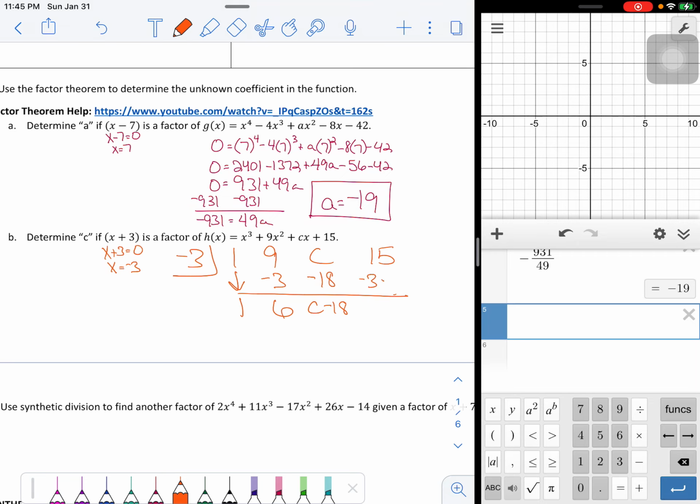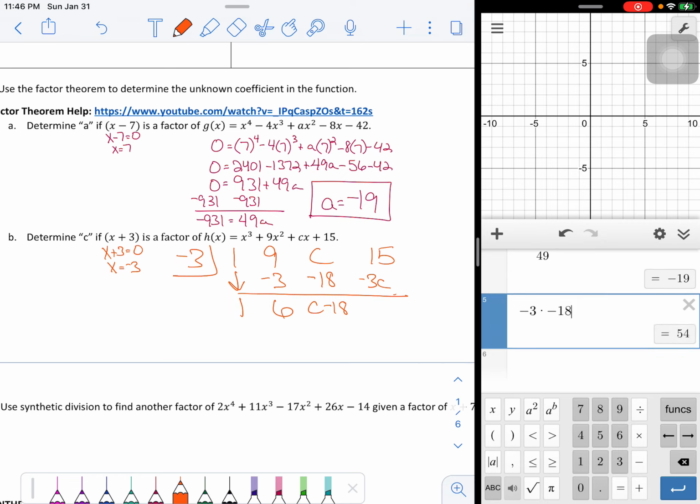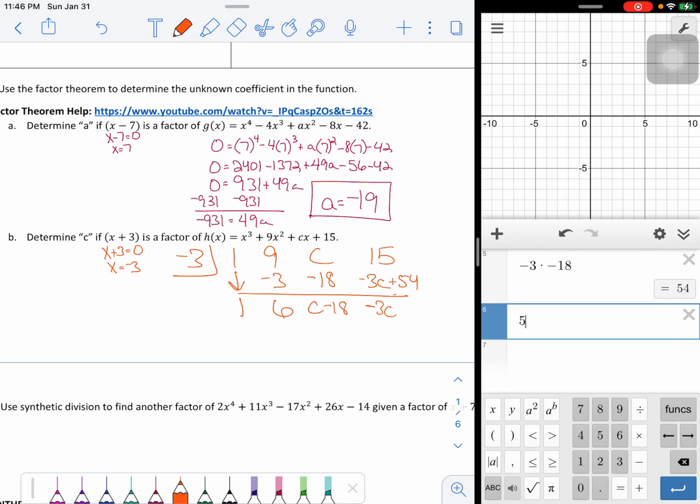So negative 3c, and then negative 3 times negative 18 is 54. So plus 54. I'm going to add straight down. So negative 3c, 54 plus 15 is 69, so plus 69.